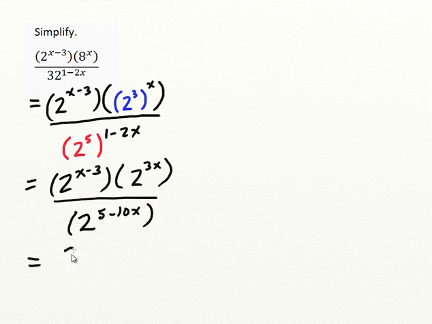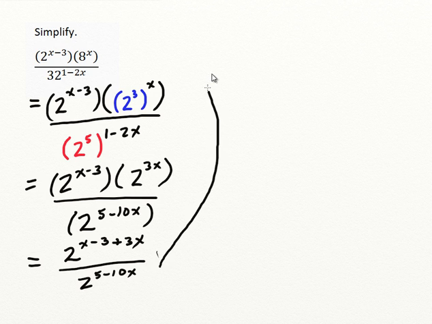So the top is going to become x minus 3, and then I'm going to add the other exponent, which is plus 3x. All of that over 2 to the exponent 5 minus 10x. All right, let's continue up, finish up over here.